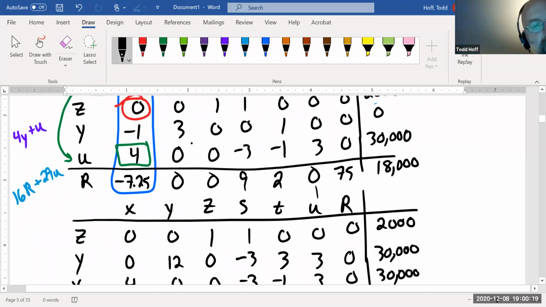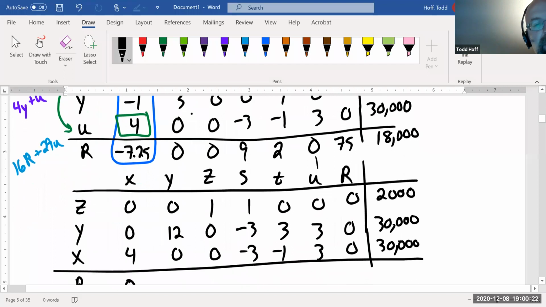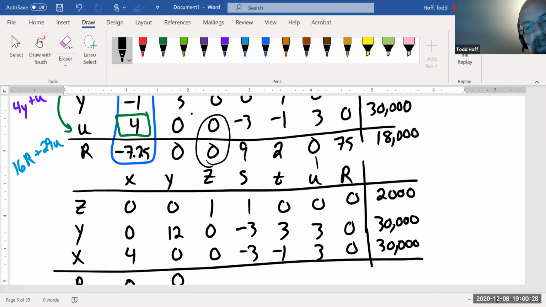Well, 16 times 0 is 0, plus 29 times 0 is also 0. 16 times 0 is 0, plus 29 times 0 is still 0. 16 times 9 plus 29 times 3, that adds up to 57. 16 times 2 is 32, plus 29 times -1 is -29, that adds up to 3. 16 times 0 is 0, plus 29 times 3 is 57. 16 times 75 is 1,200 plus 29 times 0.